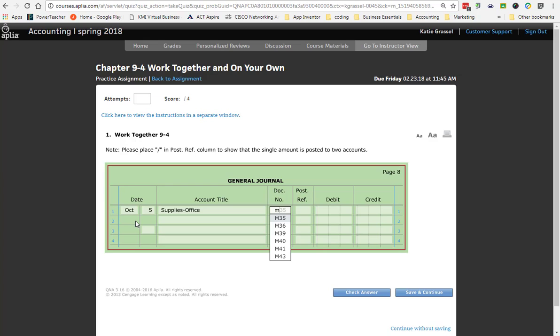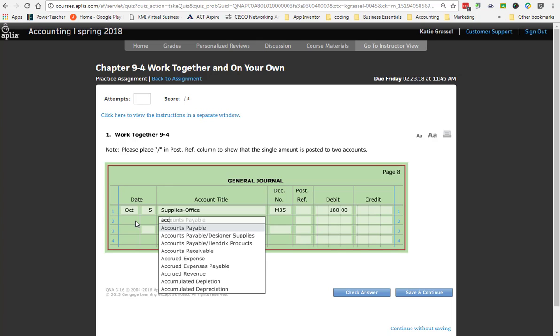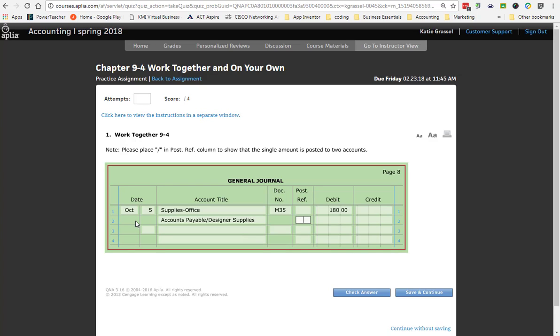Source document is M35, 180 in my general debit. Now, I have to do accounts payable / designer supplies. Now, I need you to realize it says accounts payable / designer supplies. Do you see that slash? The slash is very important. That indicates 2 separate accounts. But here's the thing. Eventually, we are going to have to post this.